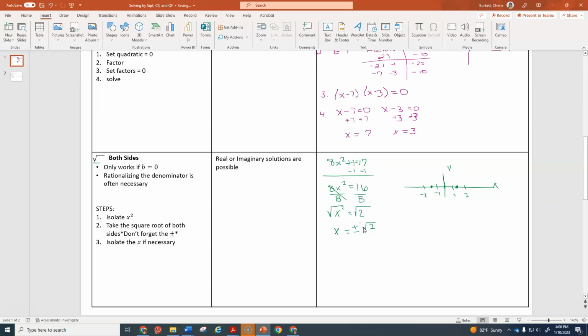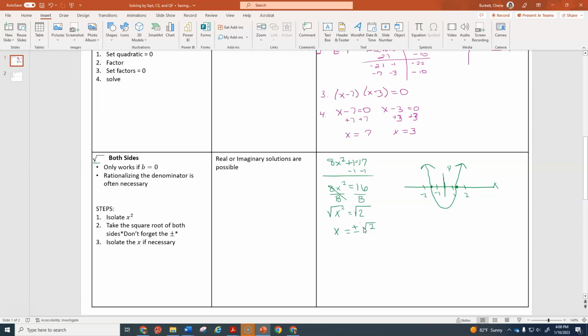So this parabola right here is going to cross the x-axis at this point right here and this point right here, and it's going to be looking something like this. We know it's opening up because 8 is positive.